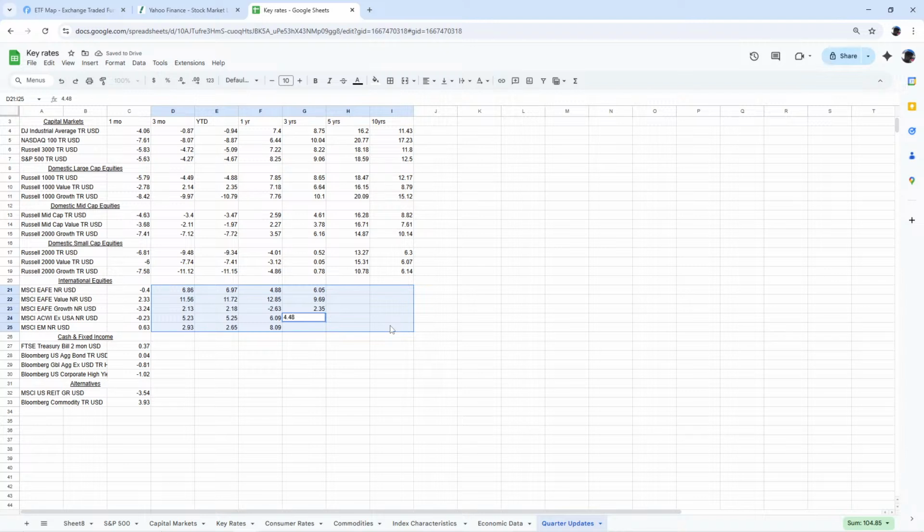Music, I think, can really cure all. 4.48 is where I'm at on the international equities. 2.35, 448, 1.44, 1177. 539, 506, 546, 498, 371. Almost there.